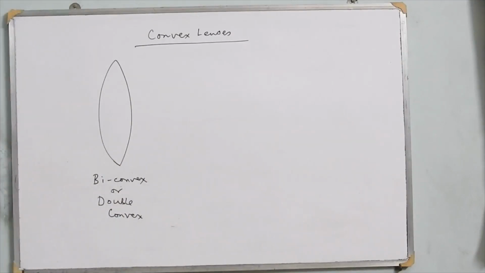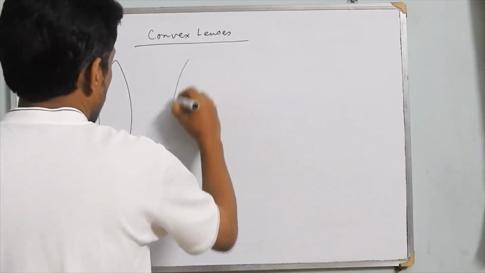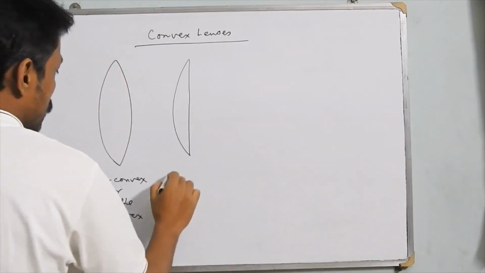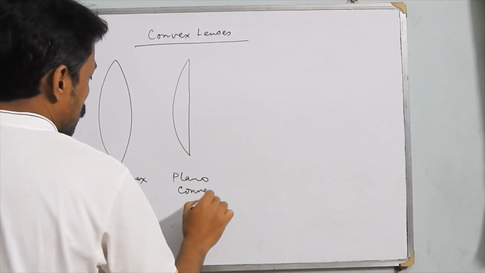If one of the surfaces is convex and another surface is plane, then it is called a plano-convex lens.